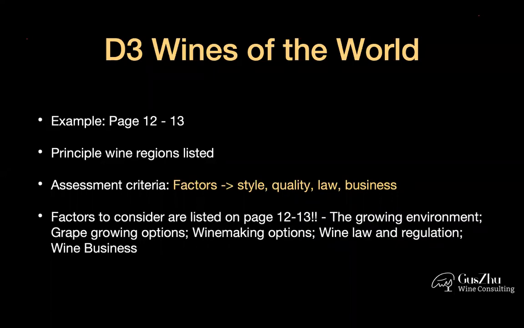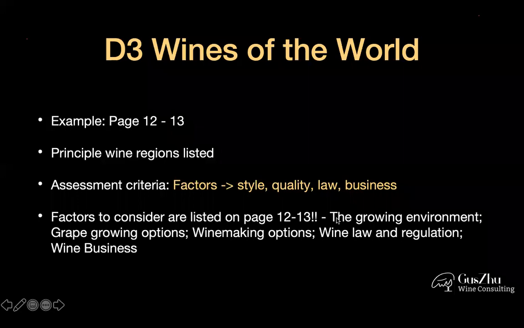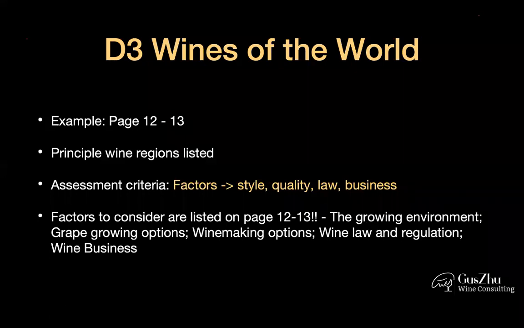So the factors to consider for your D3, D4, and D5 are listed. For example, in D3, they've already listed the factors you need to consider and use them to think about how they influence the style, quality, and price of the wines. Okay, read pages 12 and 13. You'll see all those factors expected.